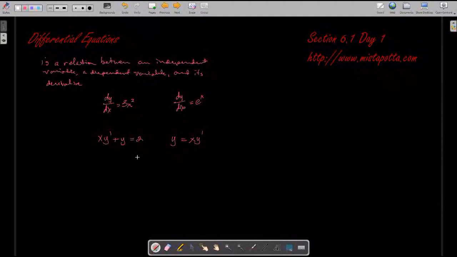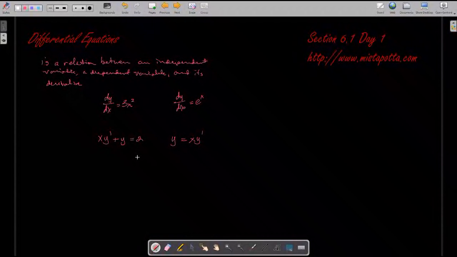And in reality, differential equations is an entire branch of mathematics, which we will barely touch upon in this class. We'll only be dealing with a certain category of differential equations called separable differential equations. And we'll explain what we mean by that later on in this chapter.